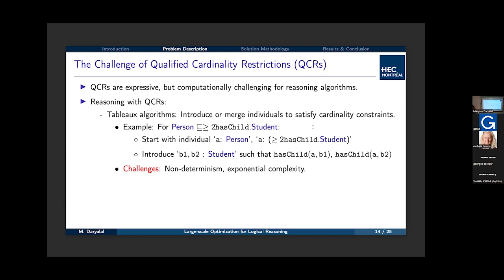And if at the end they reach a conflict, they announce that this thing is not satisfiable, and it's not possible to find an instance in reality that would fit into this ontology.